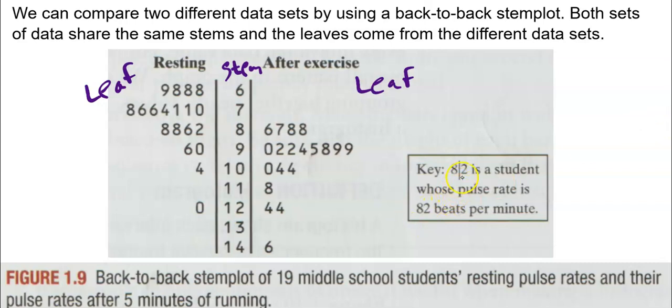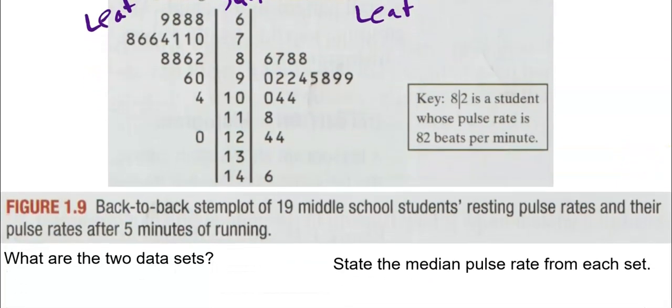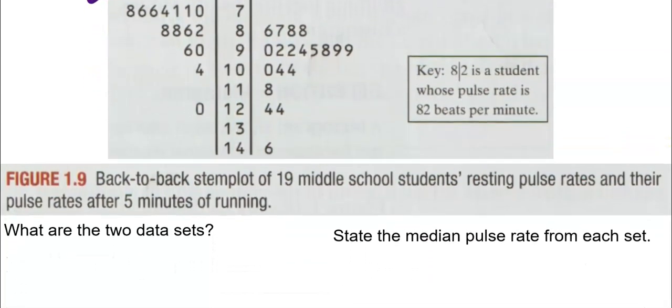Here's my key again. 8 vertical line 2: 8, 2 is a student whose pulse rate is 82 beats per minute. So we are comparing pulse rate. This is a back-to-back stem plot of 19 middle school students' resting pulse rates and their pulse rates after 5 minutes of running.